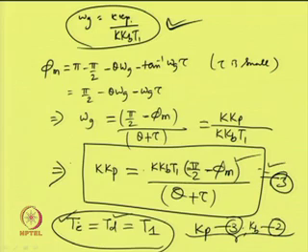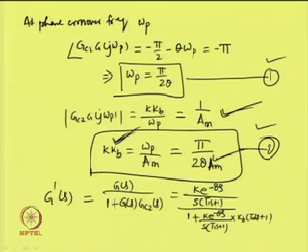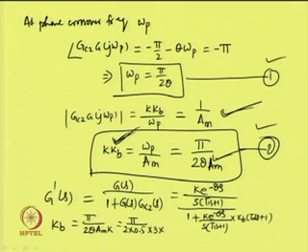Now, K B is equal to pi upon 2 theta A M K. So, in our case now it is pi upon 2 into 0.5 into 3 into 5.